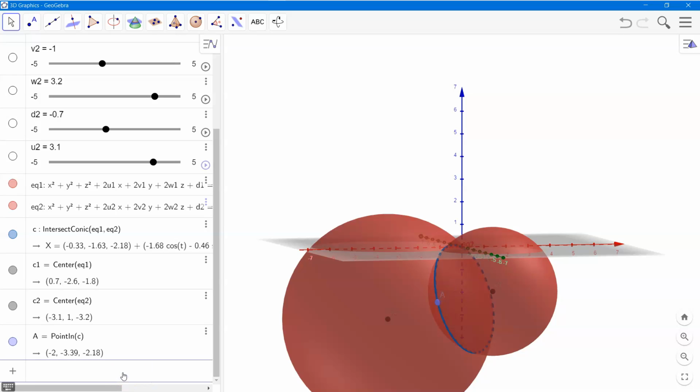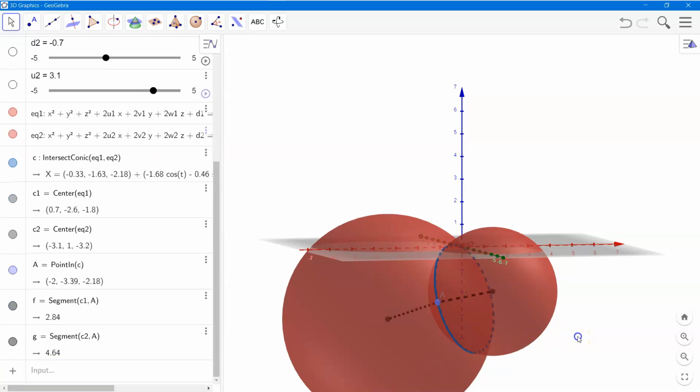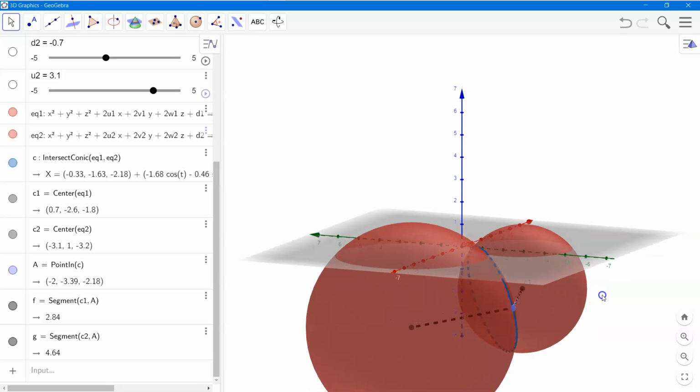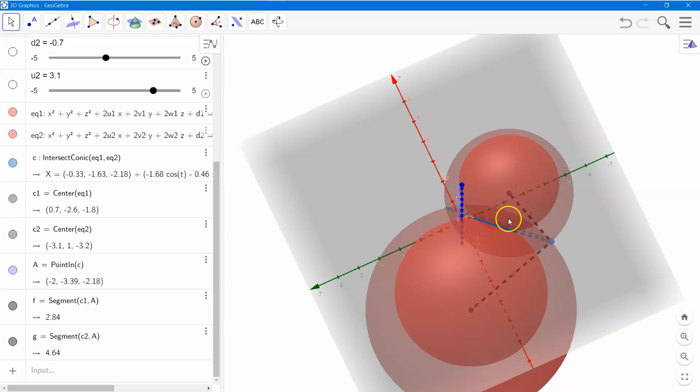Okay, now let's connect segment C1 comma A, and segment C2 comma A. So if I rotate it, it will be clearer what we are trying to do. Can you see that now? We are connecting the center of the spheres with a point on the circle of intersection.